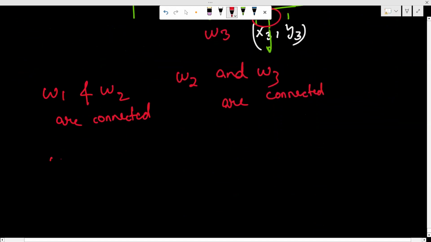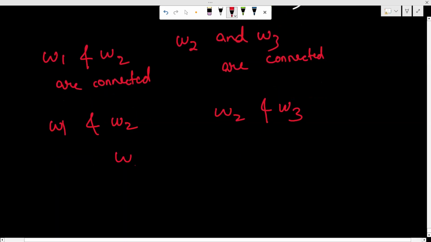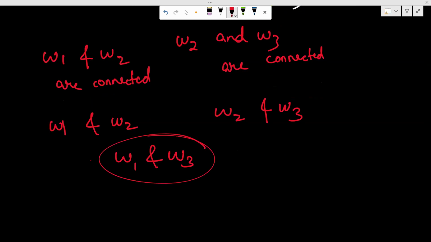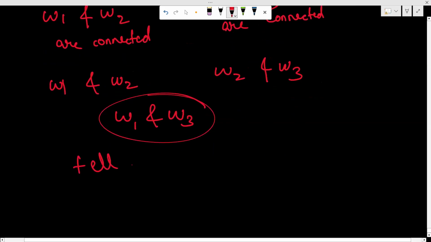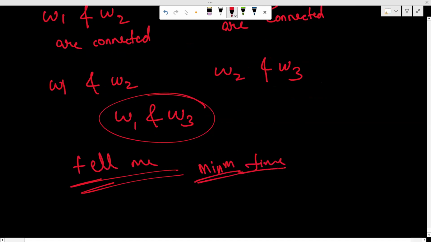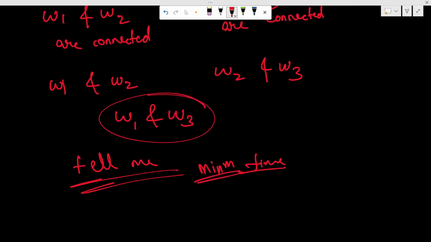And tell me one thing, if well 1 and well 2 are connected, and well 2 and well 3 are connected, can I say that well 1 and well 3 are also connected? Yes. If this is clear, the question says: tell me the minimum time after which all the wells will get connected.